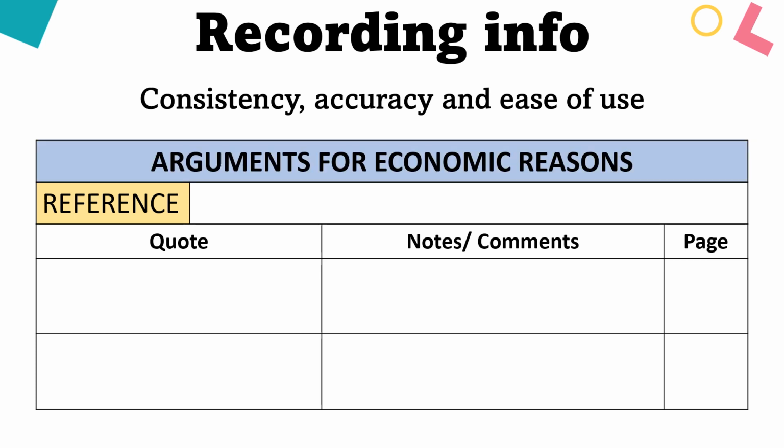Our next model has the same basic source table, but this time we have added a more specific heading to it. As I have a clear research question, I can divide my sources into different themes or categories. With this model, I would have a source table with arguments for economic reasons and another with arguments against economic reasons.